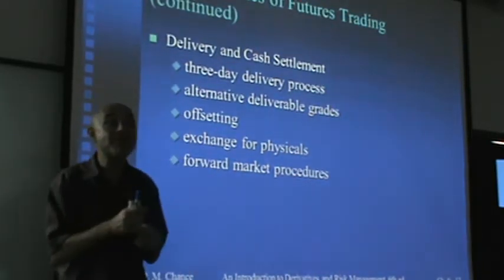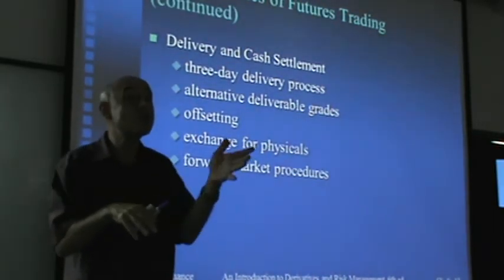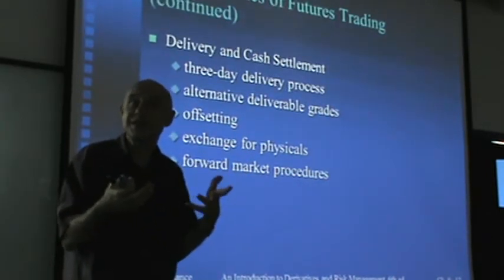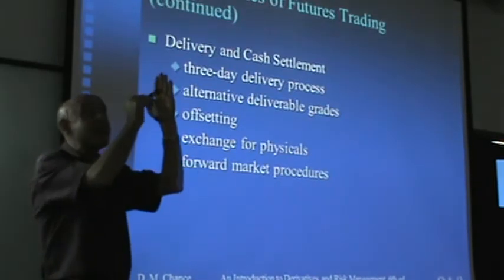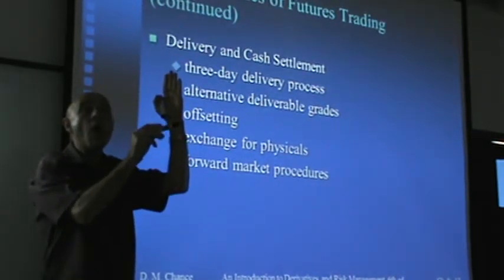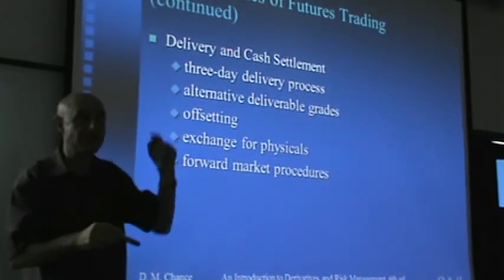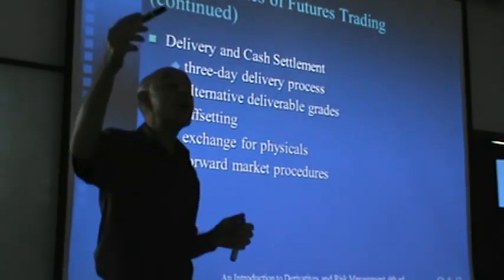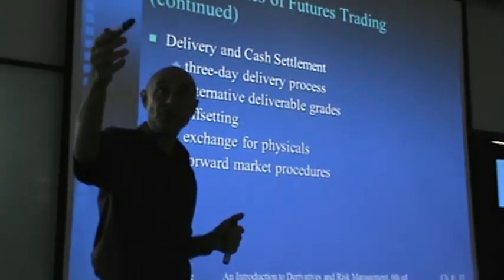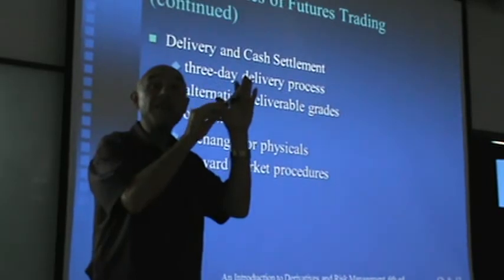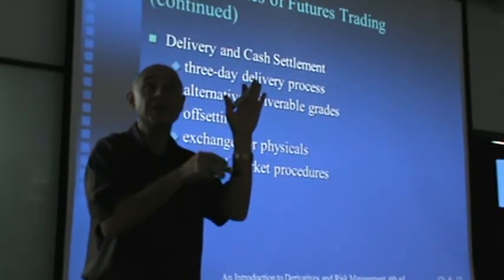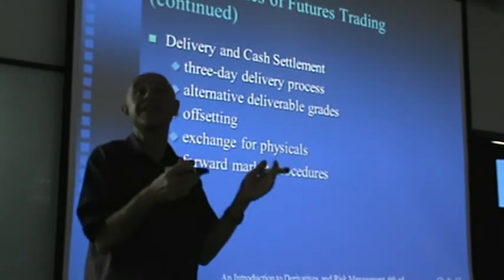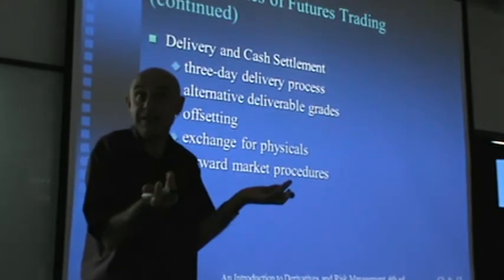So, you may have 2 or 3 qualities of crude oil, 2 or 3 or 10 qualities of rice to deliver, okay? The exchange will specify a complete list of all acceptable qualities. So, when you're describing your contract for rice or for crude oil, you have to specify what's the type of rice and what is the acceptable quality that you can deliver, okay? Maybe you can't just deliver any kind of rice, okay?